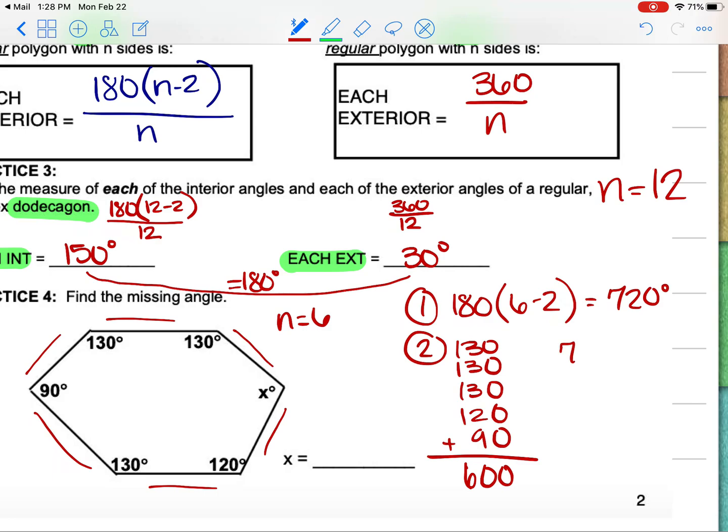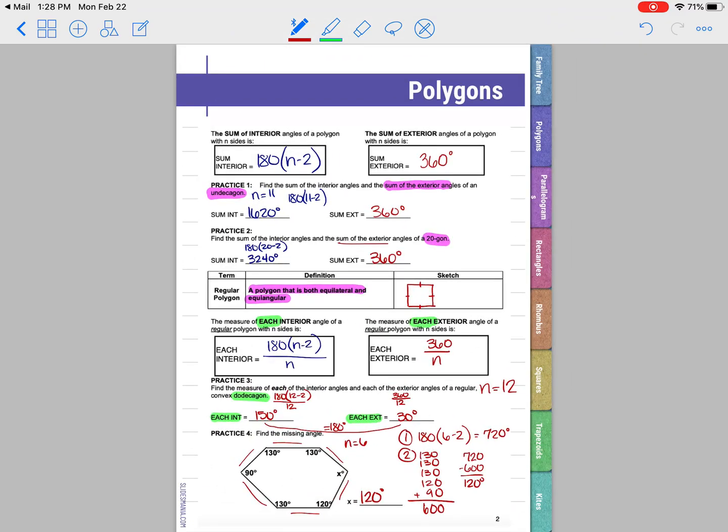And then if we take that 600 away from the 720, we know we're left with 120 degrees for our X. So figure out how much it's all supposed to add up to, and then subtract what you have. And that's how you find your interior and exterior angles. So just pay attention to what the question is asking, and is it interior or exterior? Sum or each? And also figure out your number of sides.